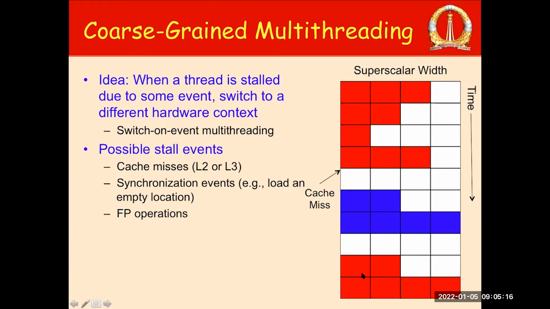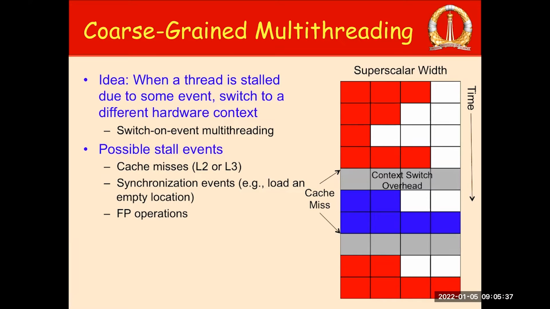By doing this, we have saved some of the slots which are wasted otherwise. The cycles that you see in between here are used for doing the context switch, that is, saving the context of the old thread and restoring the context of the new thread.